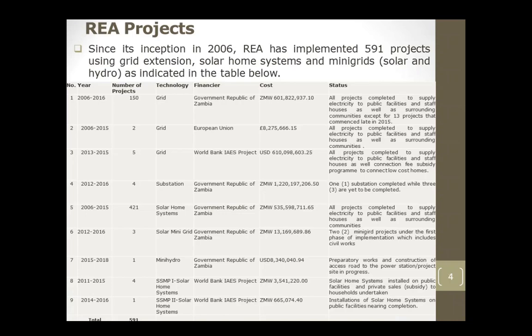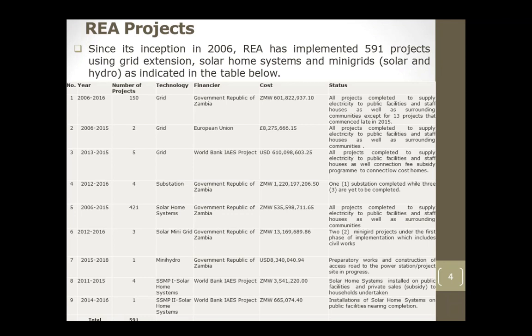The next slide is on RIA projects. Since inception, RIA has undertaken about 591 projects using grid extension, solar home systems, mini grid, which includes both solar and hydro, as indicated in the table below. In the table, the first row shows grid extension projects.